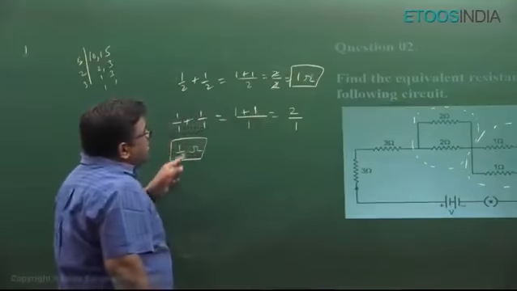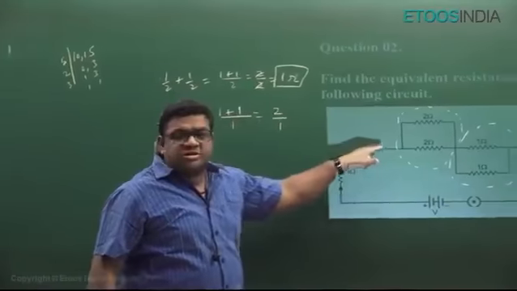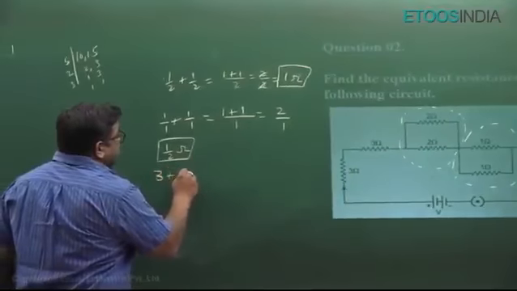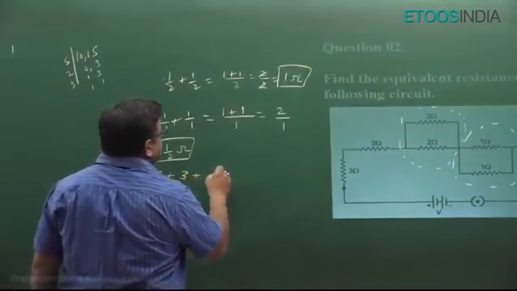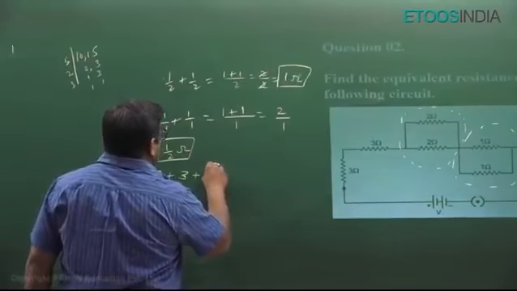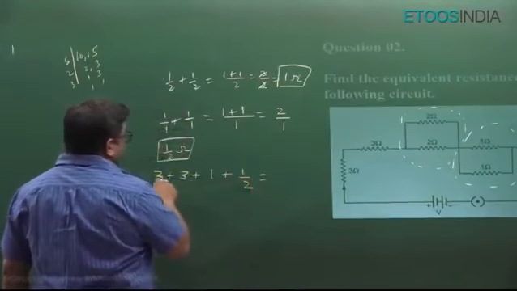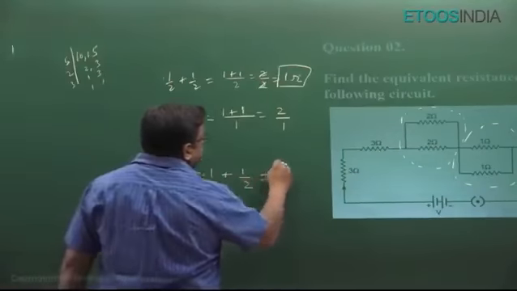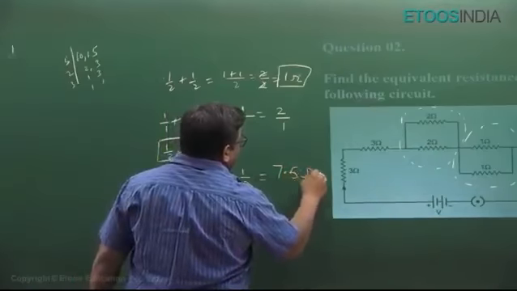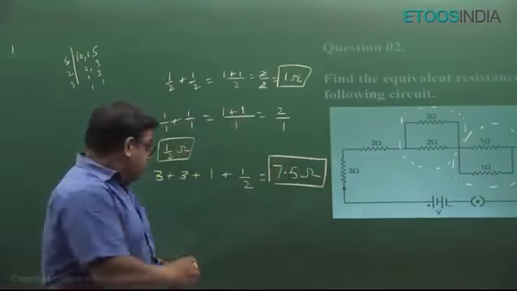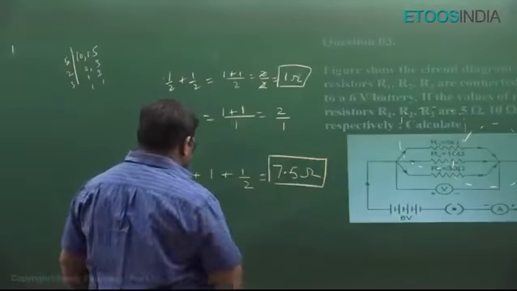Now these four are all connected in series. So 3 plus 3 plus 1 plus 1 upon 2. The answer will be 7.5 ohms. Got it? So let's move on to the next question.